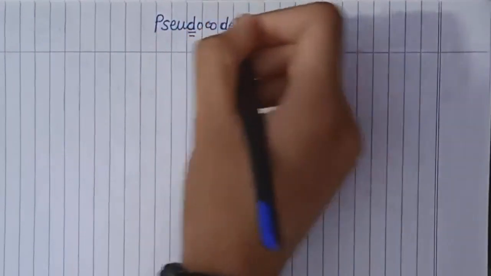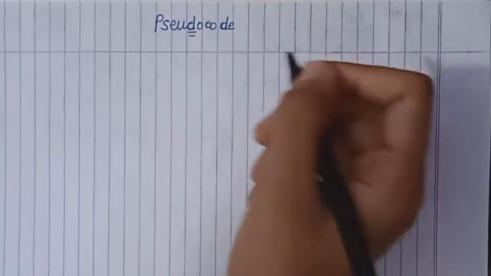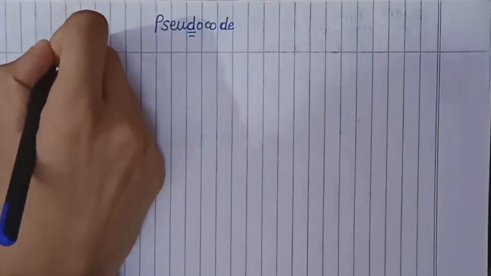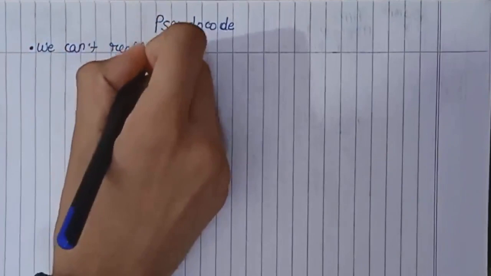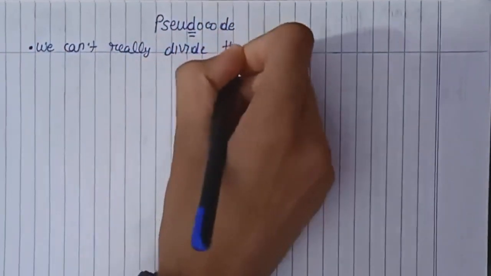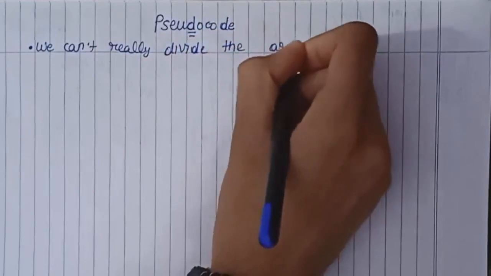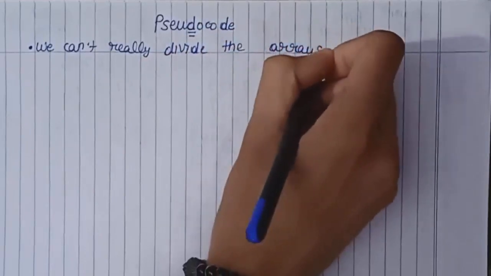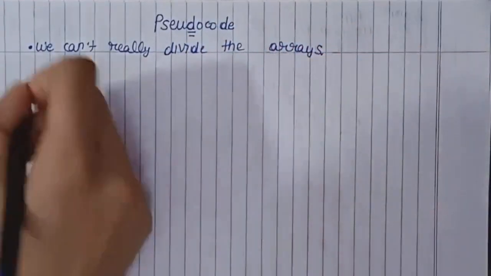Now when we perform this algorithm in code, we need to note that in code we can't really divide the arrays. So you may be thinking, how can we perform merge sort if we can't divide the array?